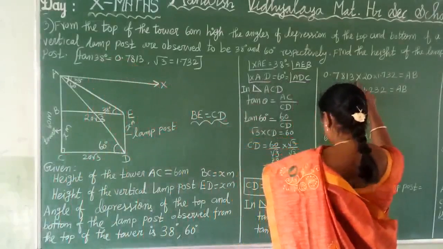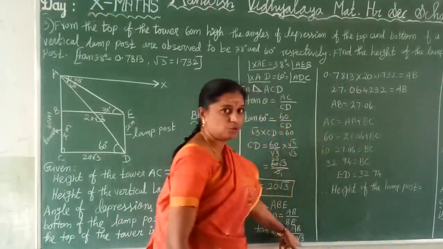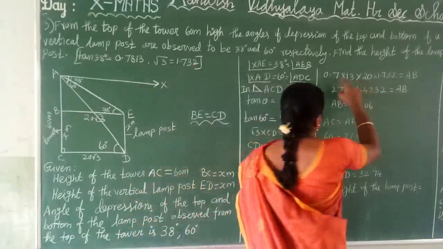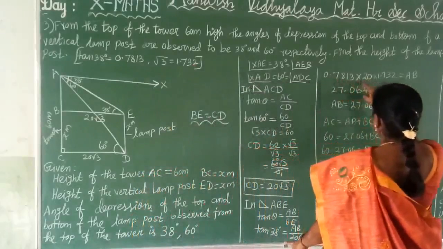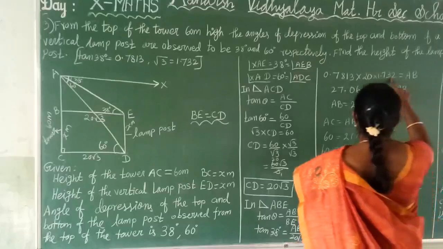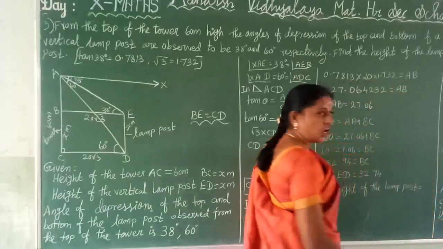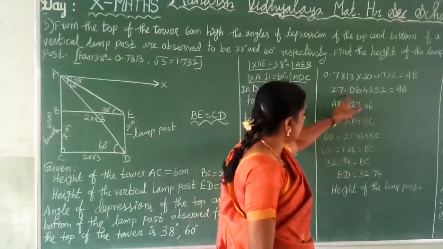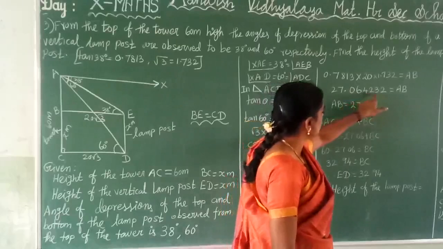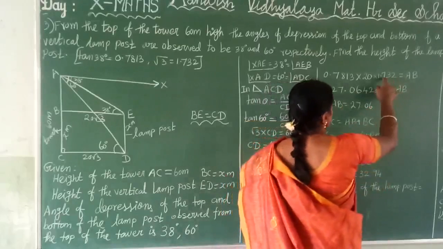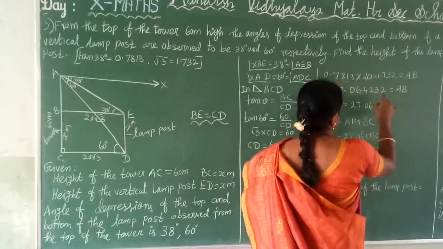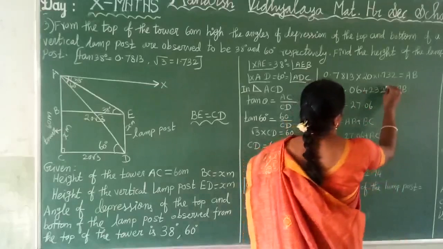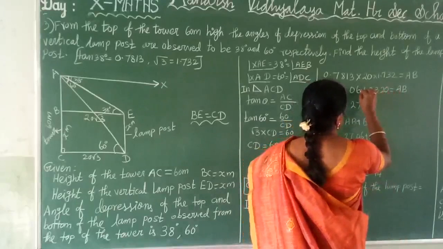0.7813 into the denominator 20 root 3, where root 3 value is 1.732. So substitute 0.7813 into 20 into 1.732. All are ordinary multiplications. You multiply and we get the answer 27.064232. Here 1, 2, 3, 4, 5, 6, 7 decimals.